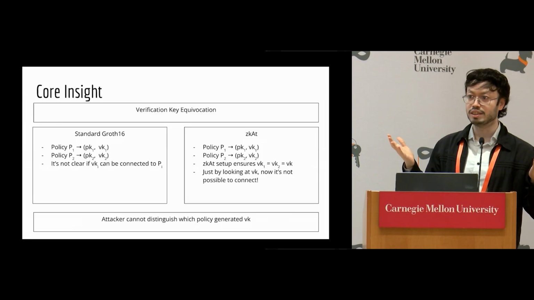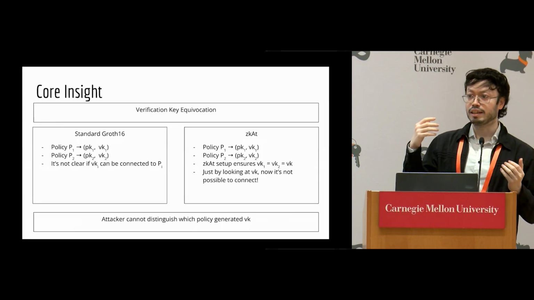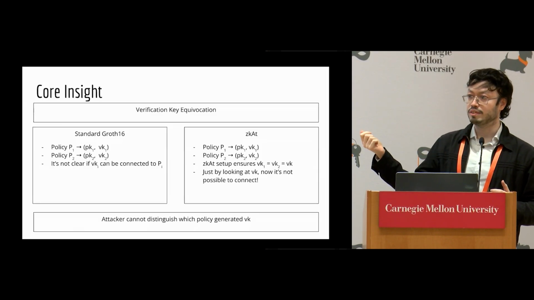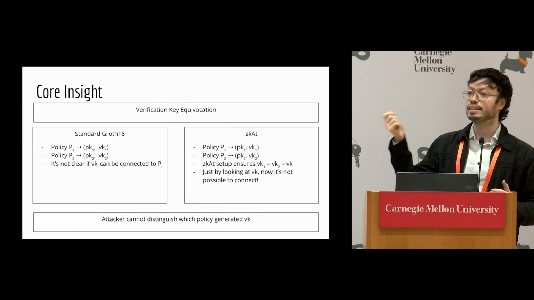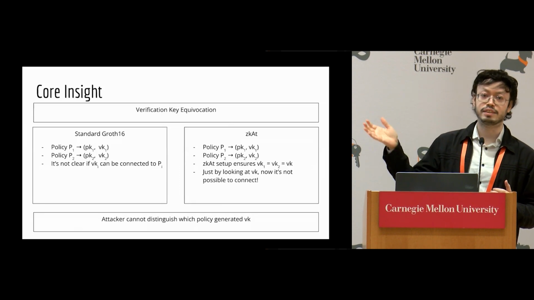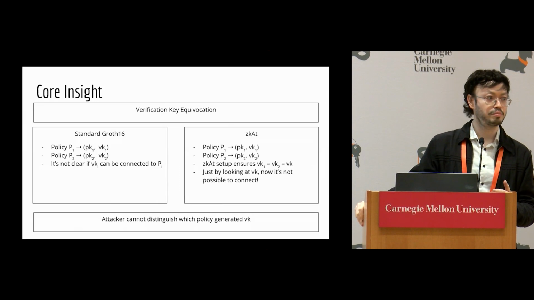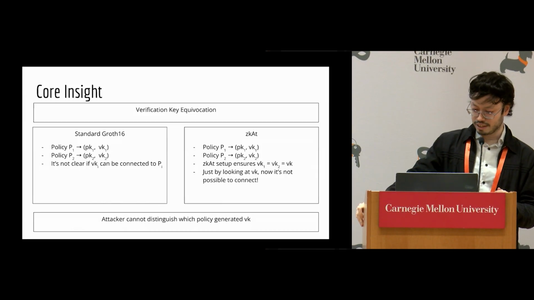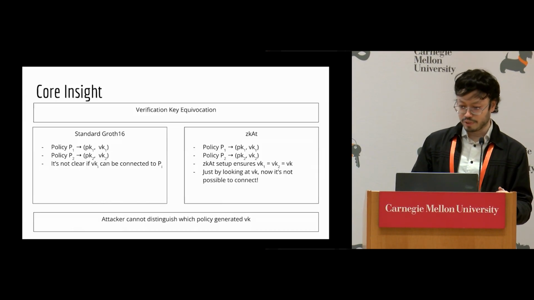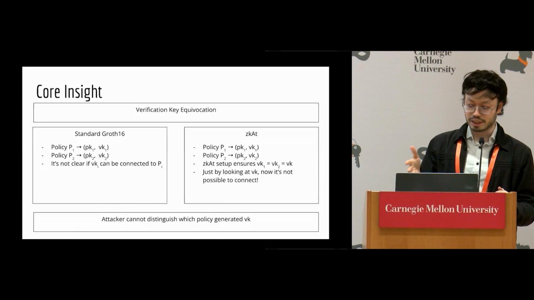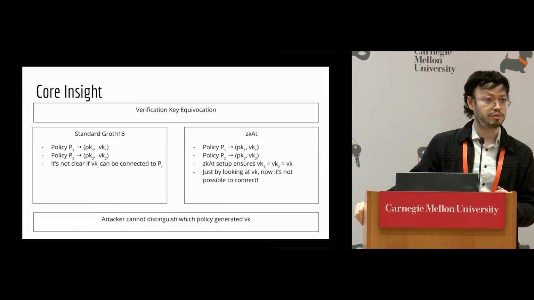It doesn't know which one. And even if they know the VK, still they are not able to distinguish which circuit it belongs to. All right? And the way we would achieve this is through this technique called VK equivocation.